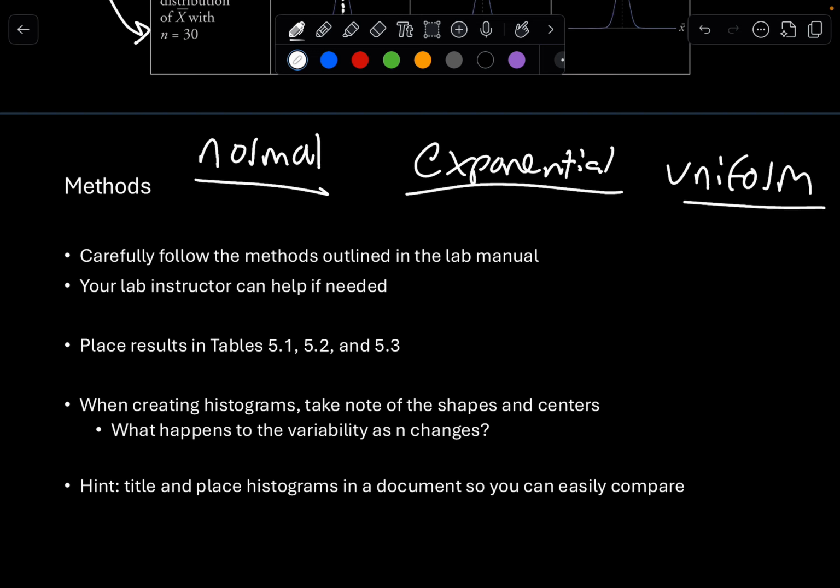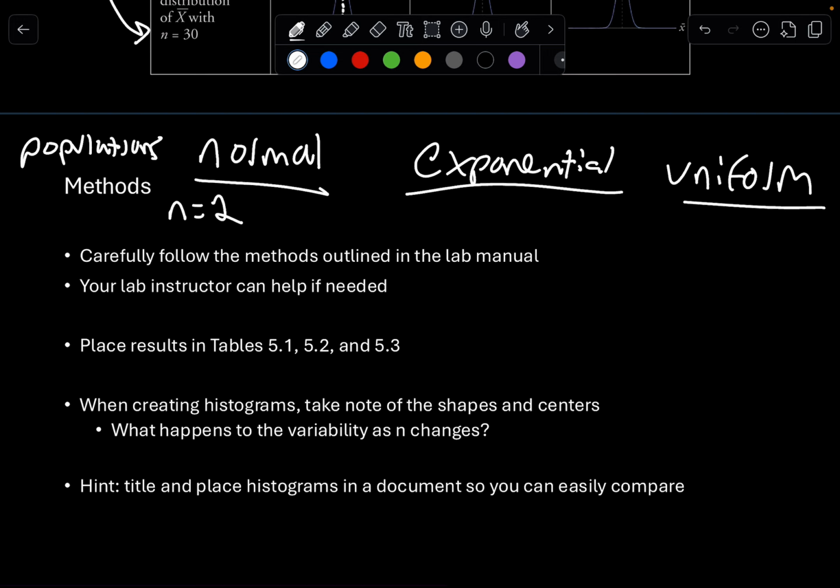From each of these populations, you're going to pull random samples. First, you'll start with a random sample of 2. You'll pull 2 values from each distribution. You'll calculate the means.